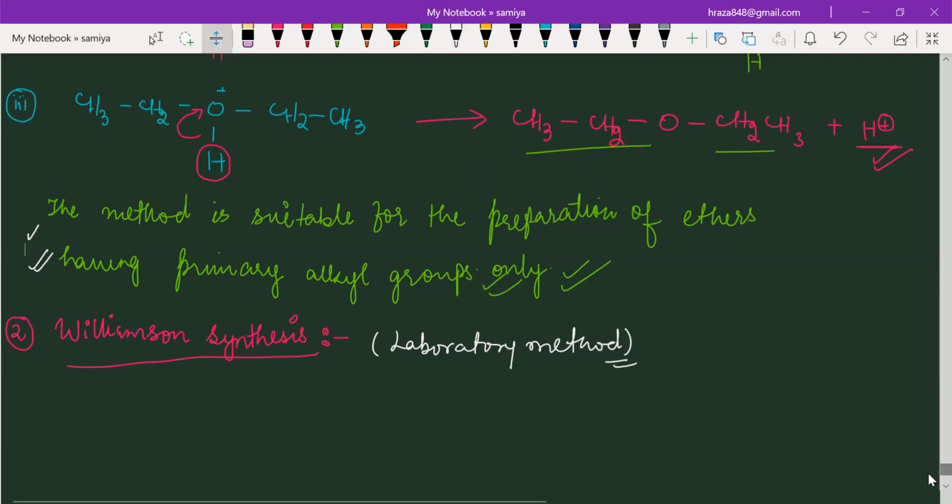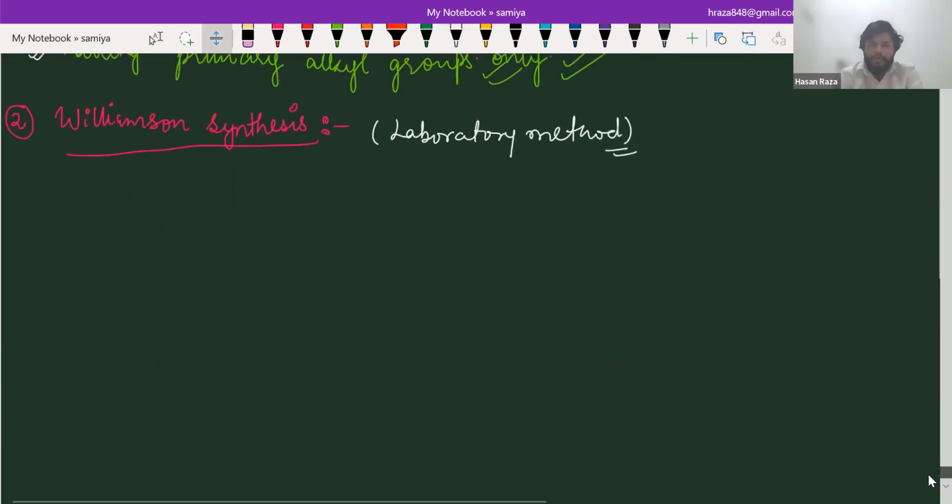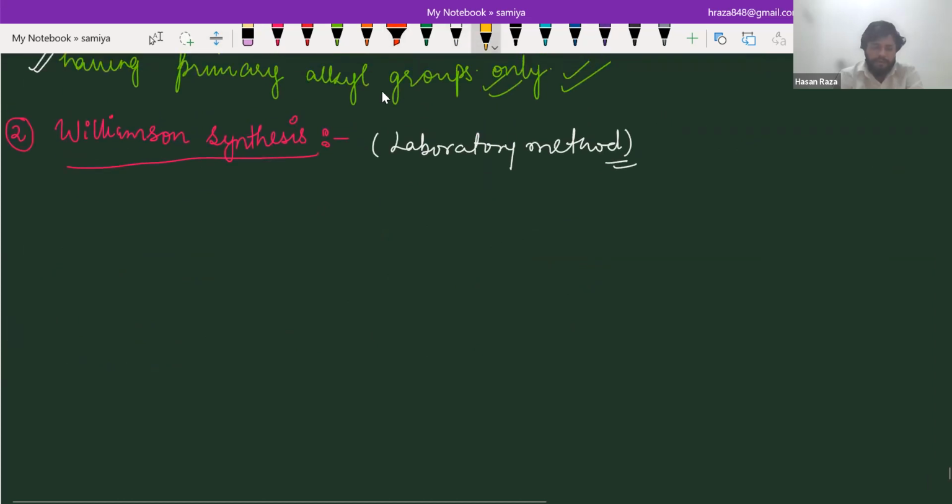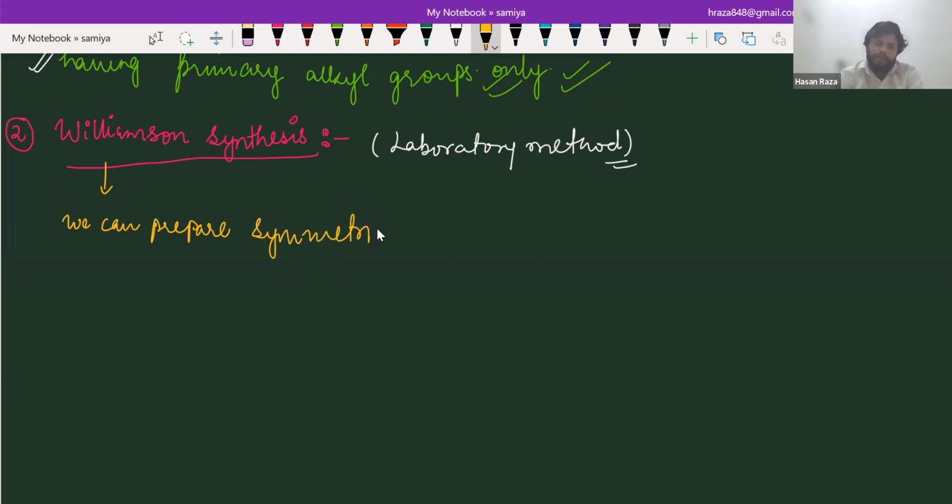Very good. Now see, what is this Williamson synthesis reaction? It's very easy. Basically, from this we can prepare symmetrical as well as asymmetrical ether.